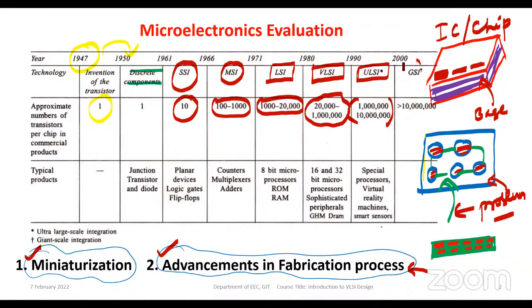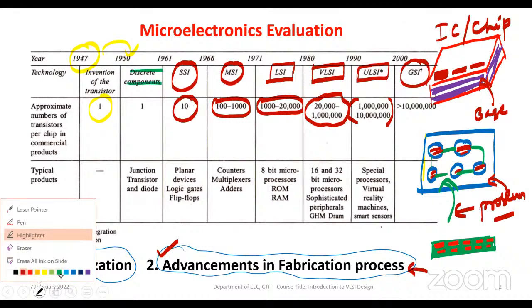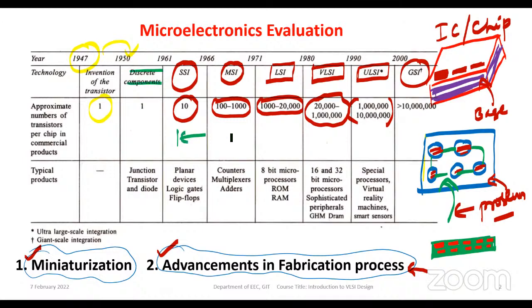Okay, so if you're able to provide more than 10 million transistors, then we normally call it giant scale integrated circuits. Okay, one question will arise: what advantage will I get if I move from one particular IC classification to another IC classification?